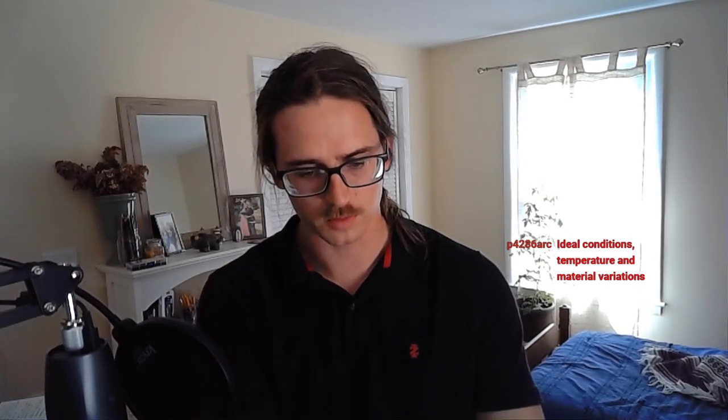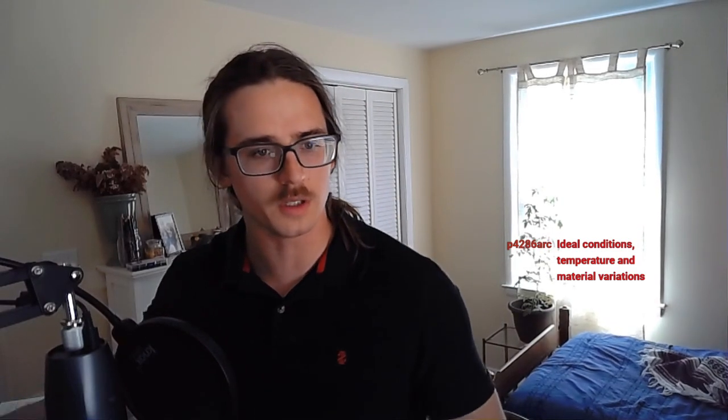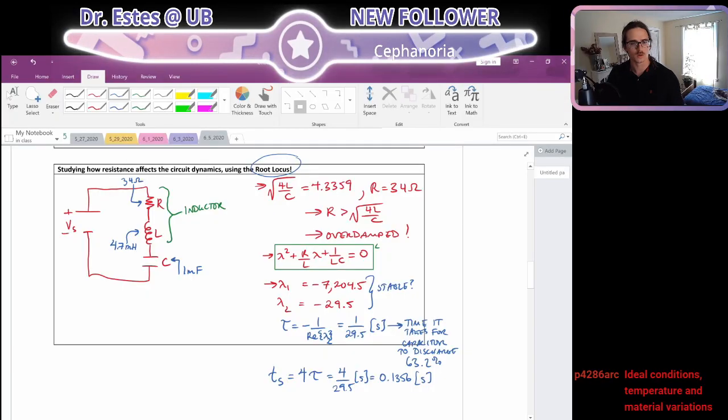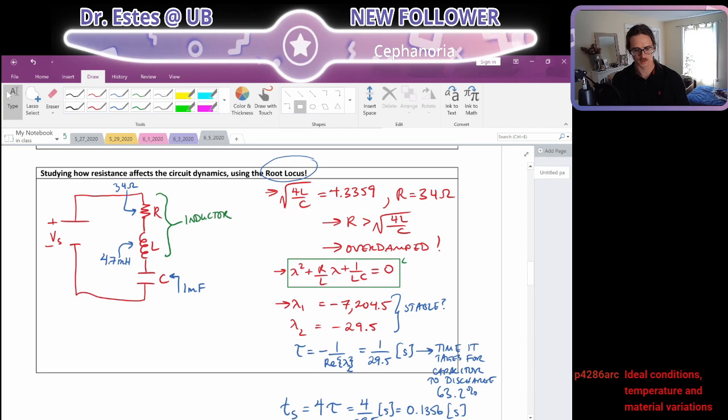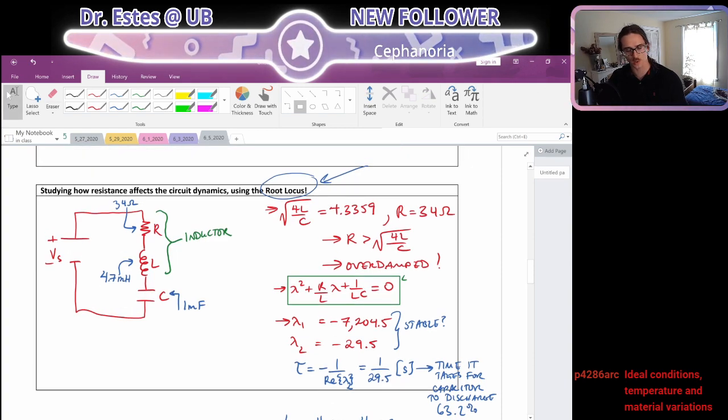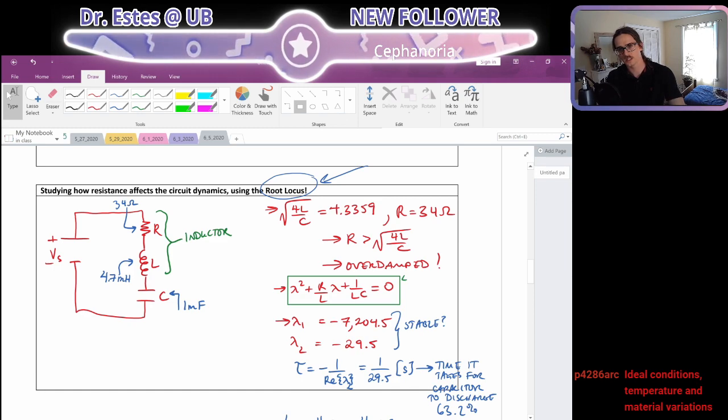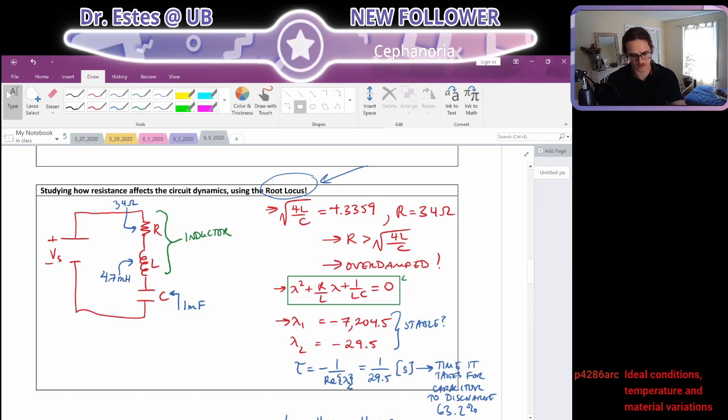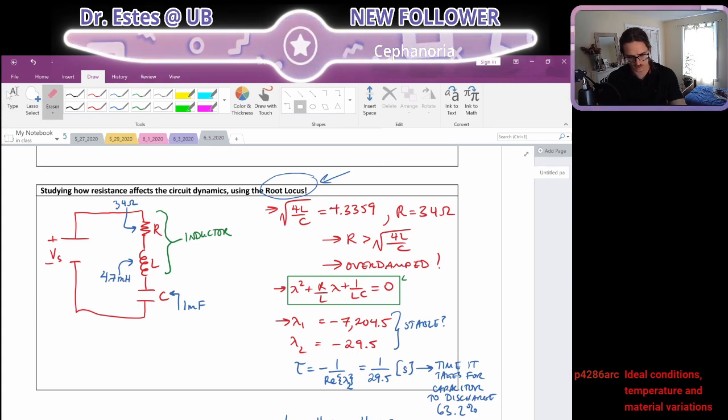Oh, so what I wanted to do was build the Root Locus for this system. And what I'm curious about is what resistance I would need to make this system underdamped. Well, actually, we already know that. The resistance just has to be less than this.